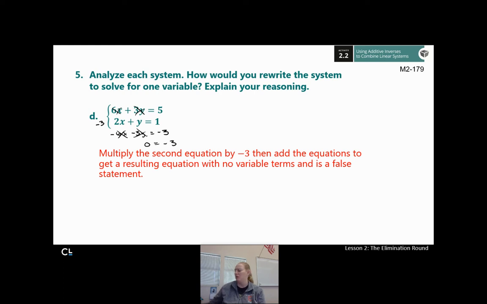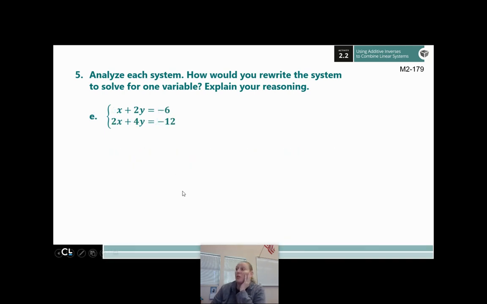Oh no, oh no, oh no. And 0 does not equal -3. Oh no, that's no good. So I did multiply the second equation by -3 to add the equations, but I couldn't find x because x died. And I ended up with a false statement. Well, that was lame.